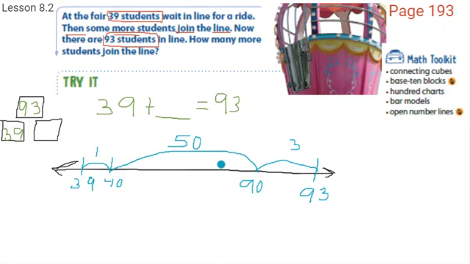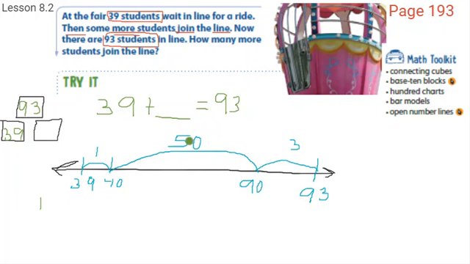I can add all these up. I see the book put it out horizontally, but I like doing this vertically. Remember, I want to keep my ones and my tens in the same column.